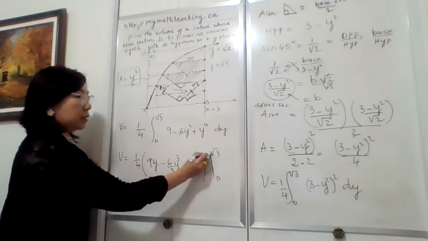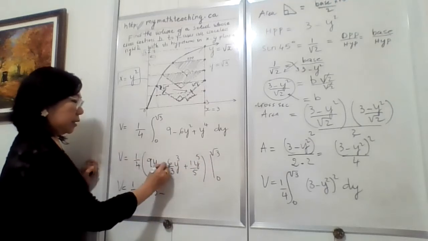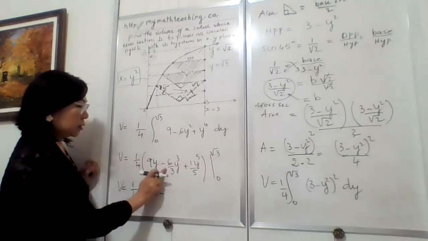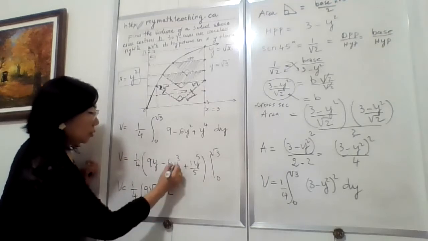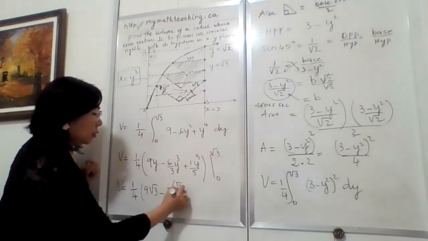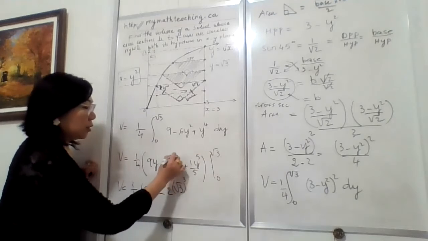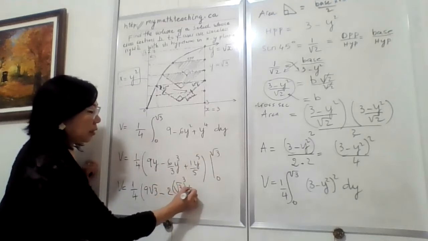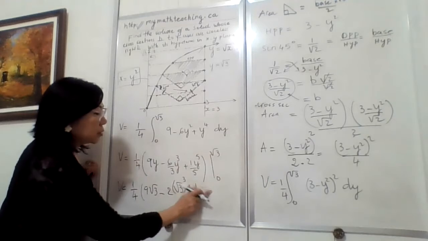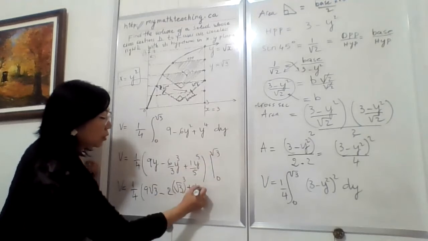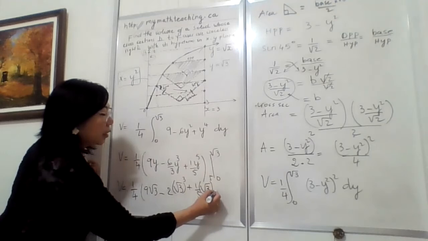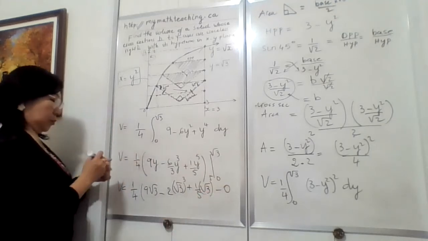I substitute y here by square root 3, minus 6. Now let's divide it down. 6 divided by 3 is 2. Y here we substitute by square root 3 to the power 3, right? Adding 1 over 5. Y here we substitute by square root 3 again to the power 5, and minus 0.